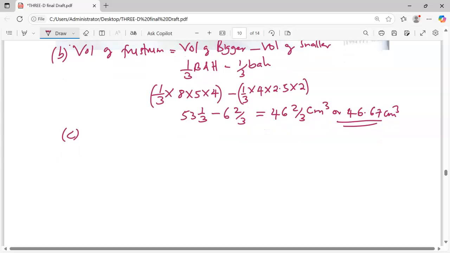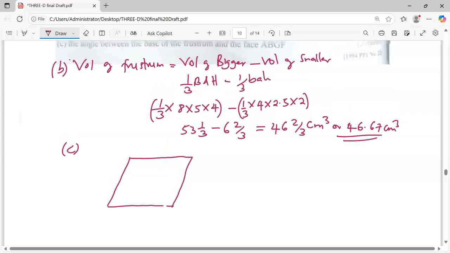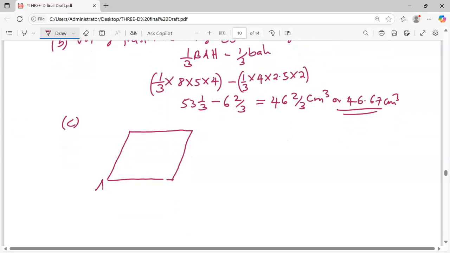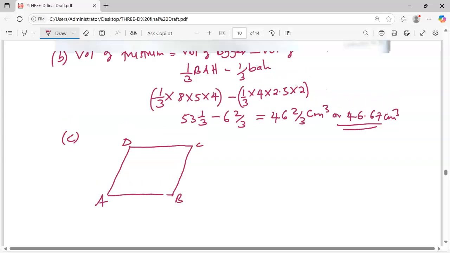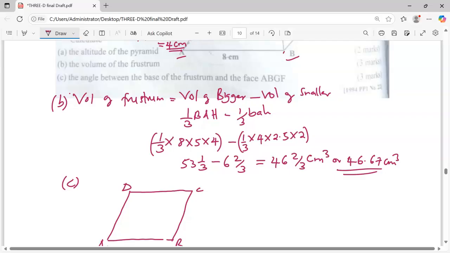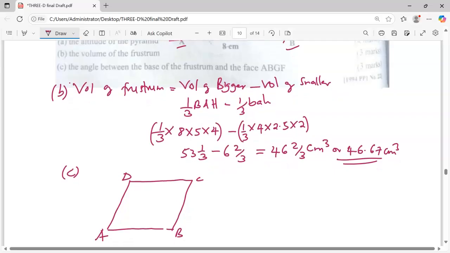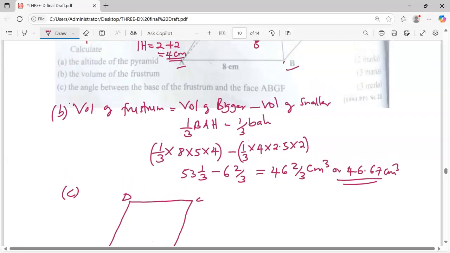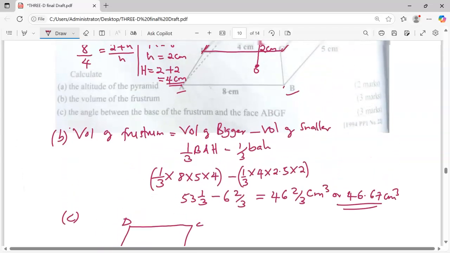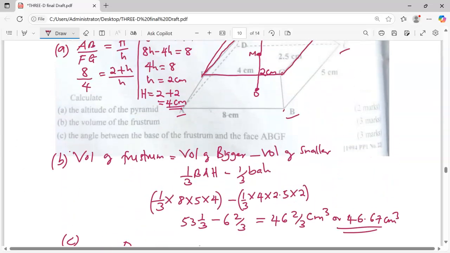I'm going to draw the two. This is the base here. The base we are talking about is ABCD, and the face ABGF.